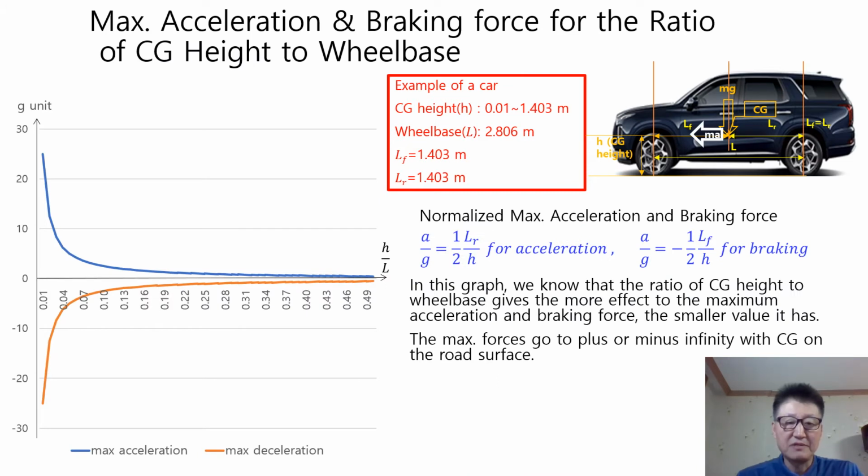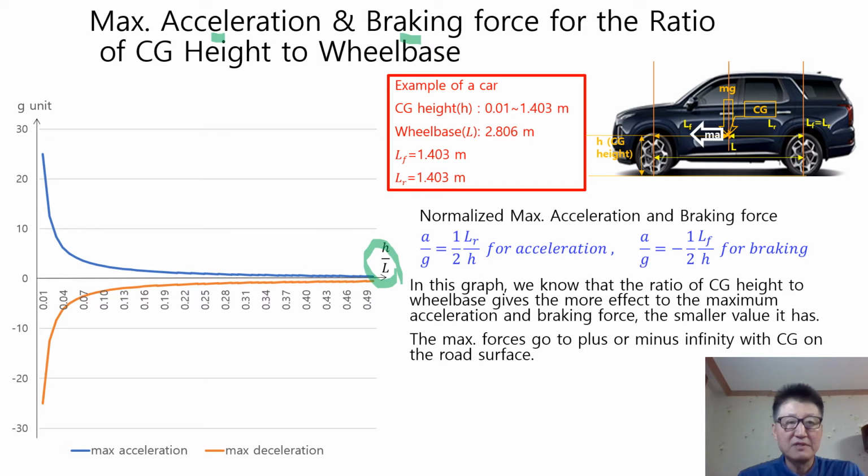This picture shows the maximum acceleration and the braking force for the ratio of CG height to wheelbase. We have the same data set as the previous slide, but the x-axis changed from CG height to the ratio of CG height to wheelbase, which is a dimensionless value.